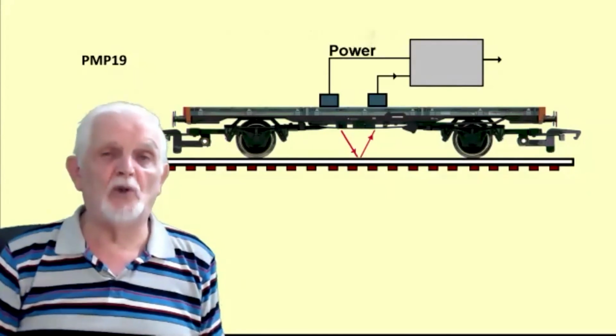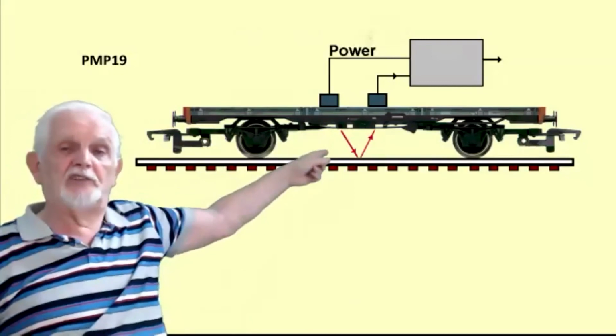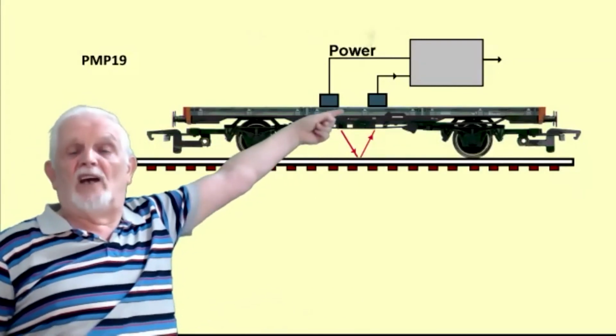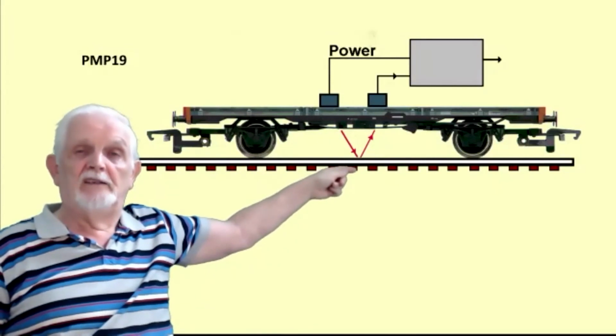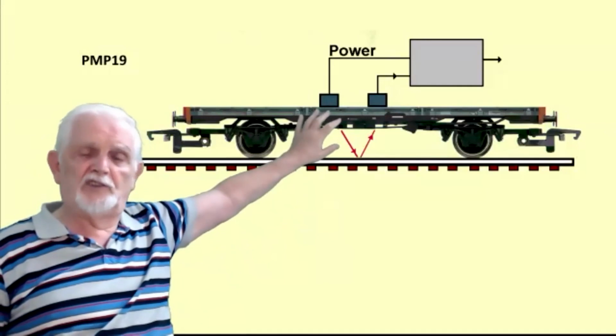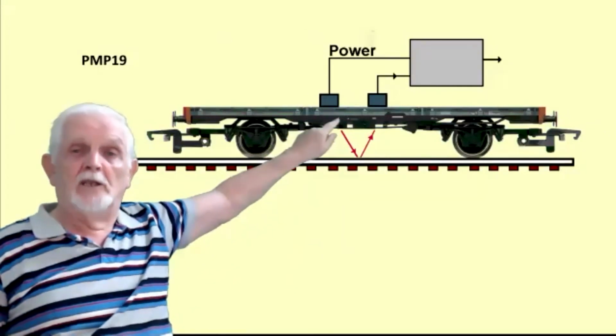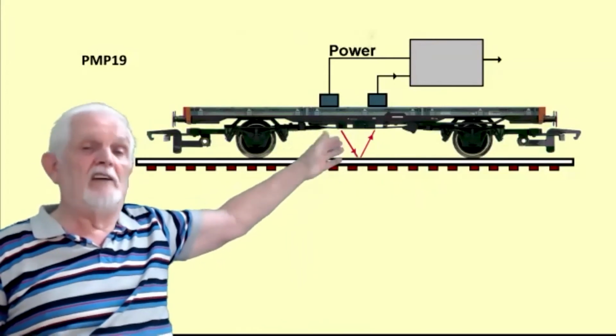So if we're able to bounce the signal from an infrared source off the track and come back up again, we can see whether there's any changes. In this case, if this bit of rolling stock is stationary, you'll get approximately the same level of reflection every time.